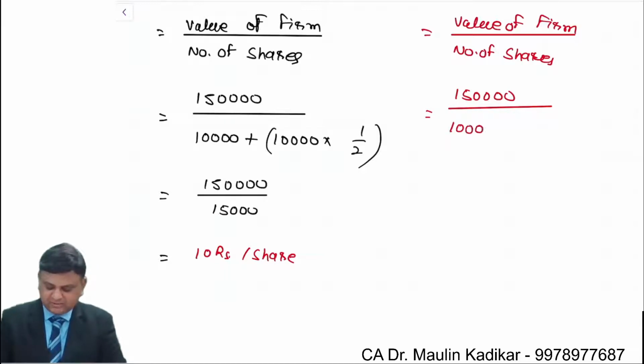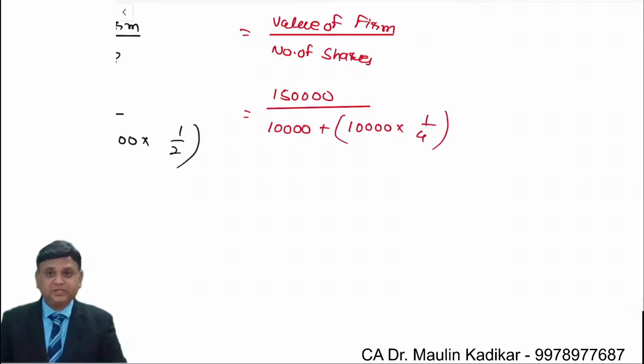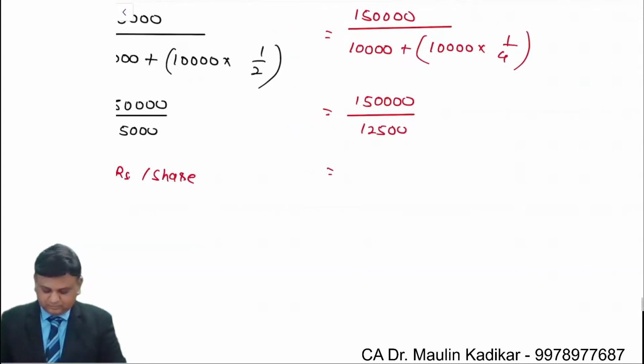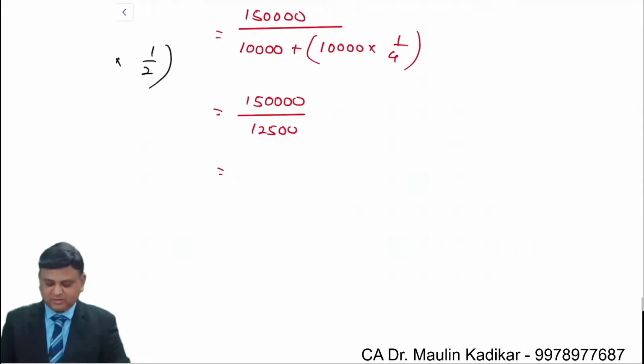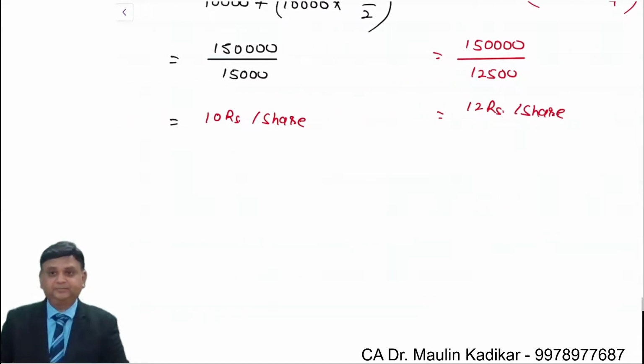It is 10,000 plus 10,000 into 1 by 4. That is 1 share for every 4 shares held. So it is 1,50,000 divided by 12,500. So what is the price per share? 12 rupees per share. That is what we understand.